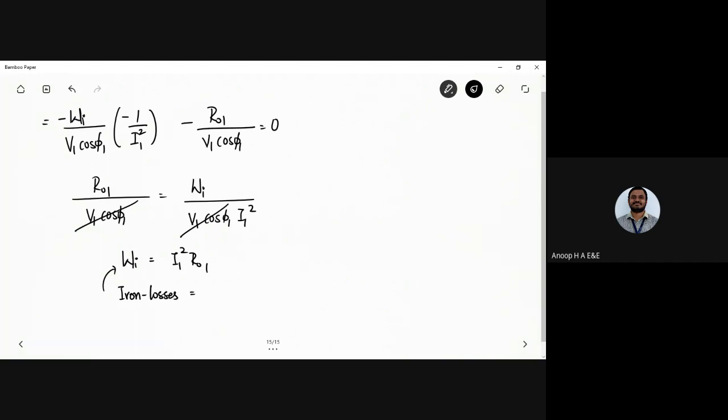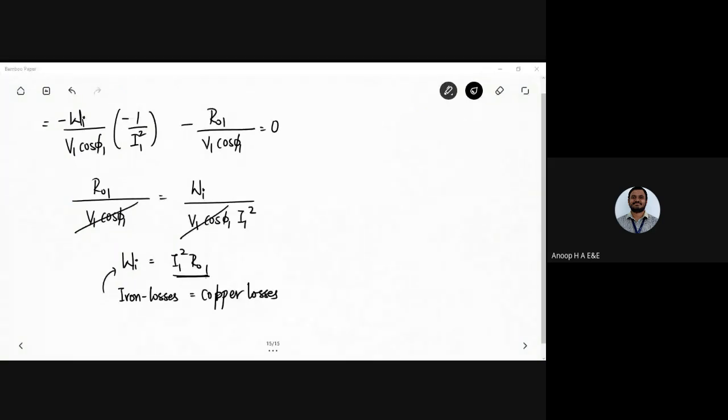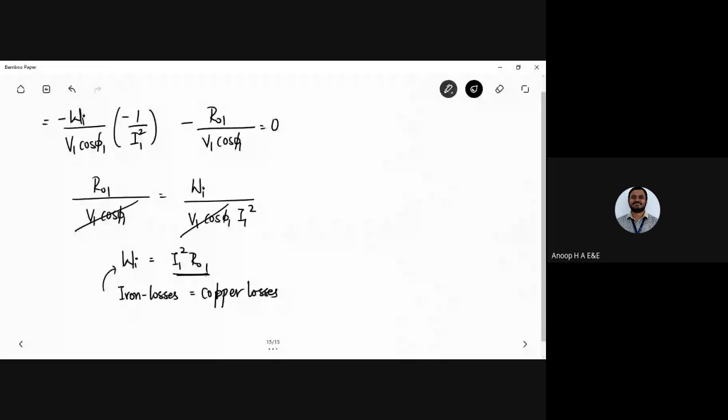That would be equal to, if I write it here, copper losses. Iron losses would be equal to copper losses at full load condition. So this one is a full load current. That's the reason why I specify it as full load.